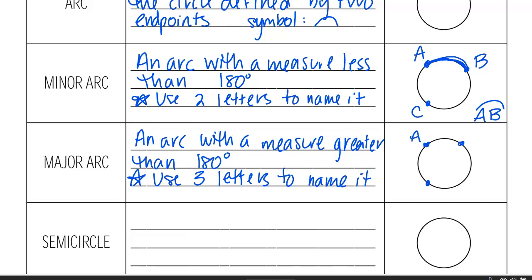So if we had, again, our 3 points, a major arc would be like this arc right here. And we could call this arc BCA, or we could call it ACB, and then we put our arc symbol over it. And that would determine that this is over 180 degrees and this is a major arc.